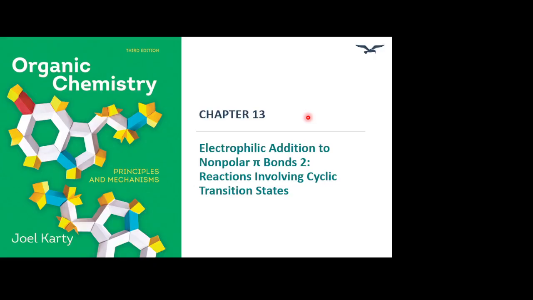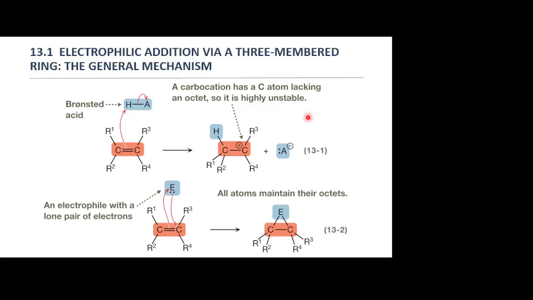The reactions will involve cyclic transition states, though, in this case. Okay, and so we're going to start having this wraparound that we're going to see, right? So we're going to have these very interesting cyclic transition states. That means that they're going to be very analogous to your SN2 reactions and stuff like that.